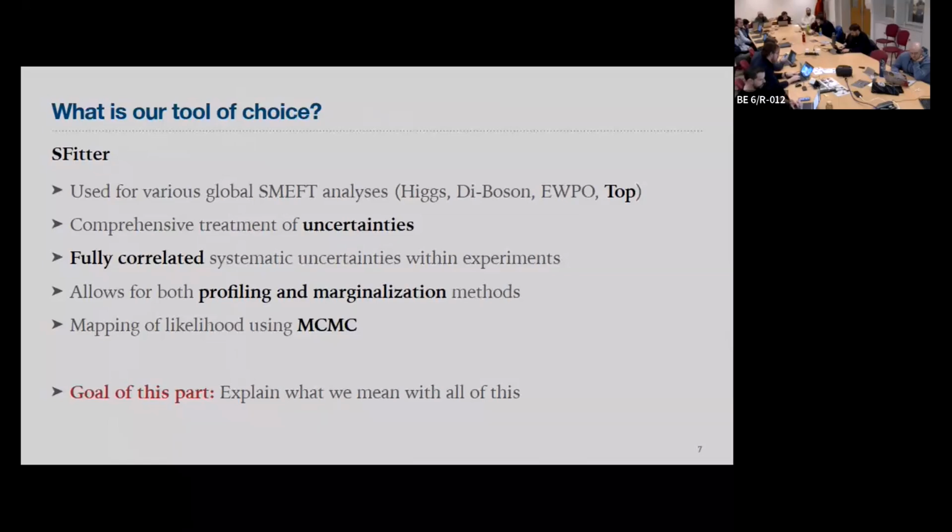What we basically pride ourselves in is the comprehensive treatment of uncertainties and full correlation between systematic uncertainties within the same experiments. Also, we have two different ways of statistical analysis, allowing for both profiling and marginalization approaches. And in the end, we also use Monte Carlo Markov chains to map out the likelihoods.